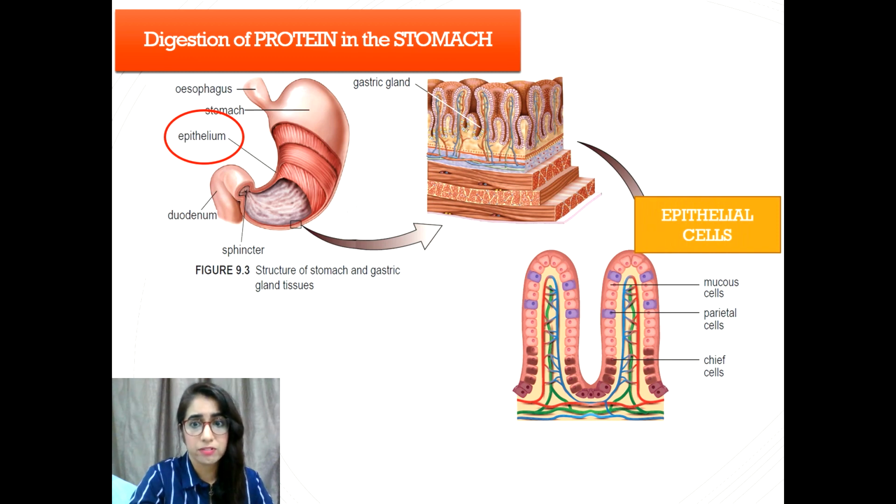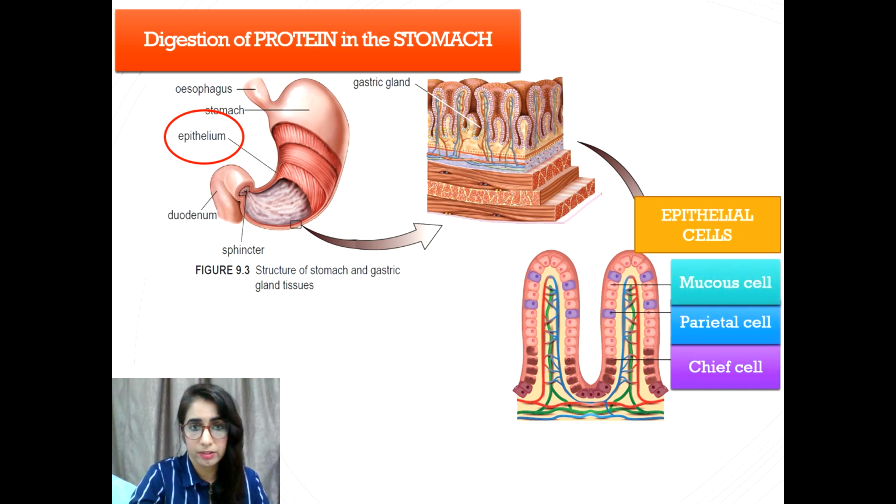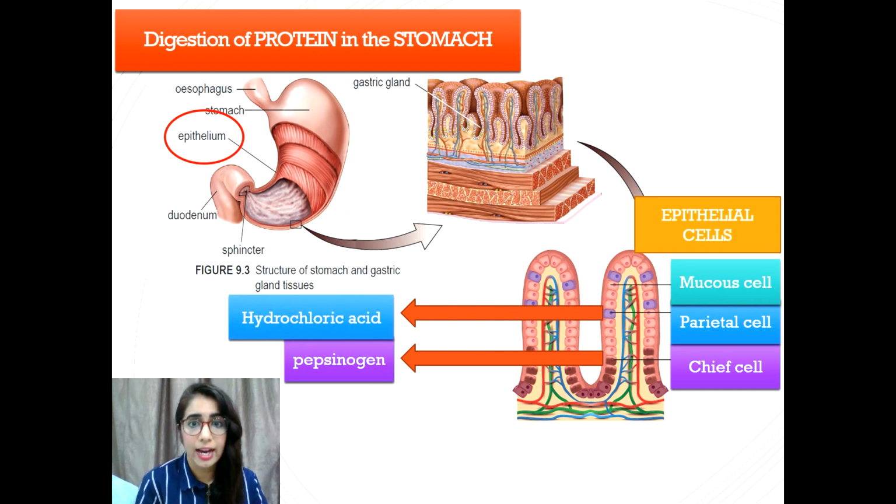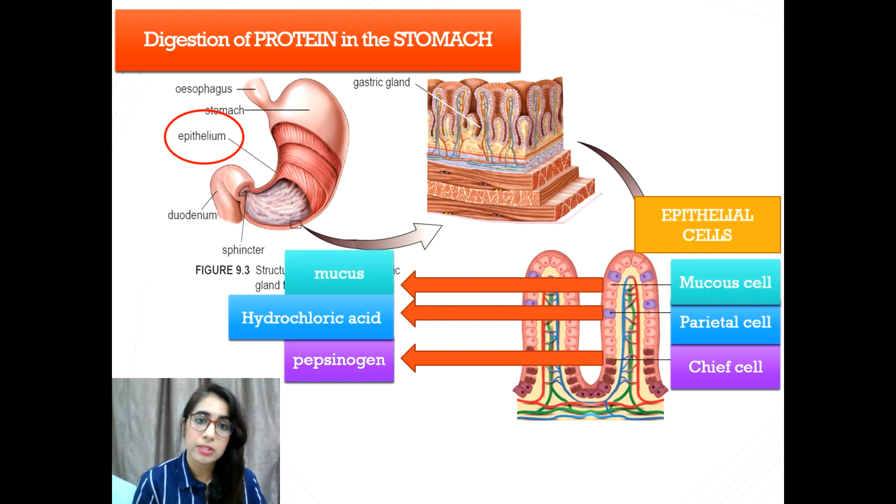We have three types of epithelial cells, which are the chief cell, parietal cell, and mucus cell, that have undergone adaptation in structure and function to form gastric glands. These gastric glands secrete gastric juice. For example, the chief cells secrete pepsinogen, the parietal cells secrete hydrochloric acid, and the mucus cells secrete mucus.